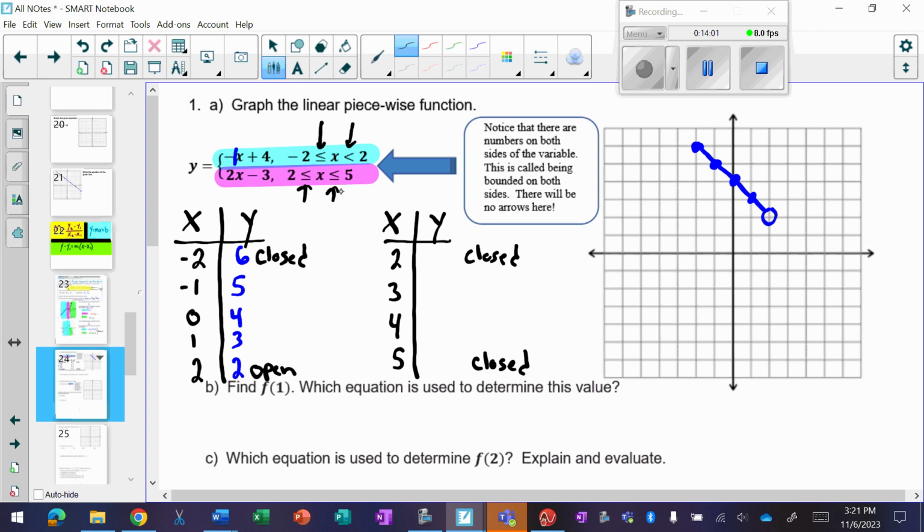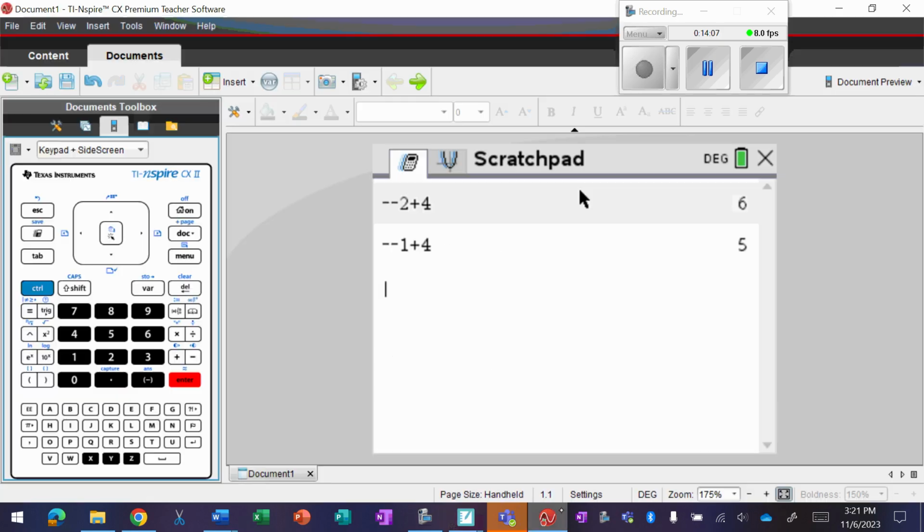So we're going to go to our calculator. We're going to plug positive 2 in for x. So the equation was 2 times x, and then subtract 3. And it gives us an answer of 1.